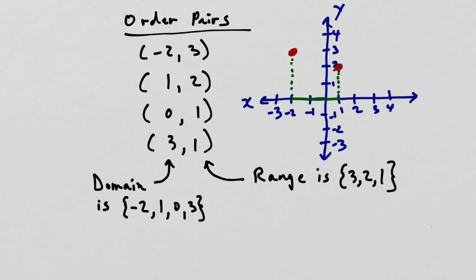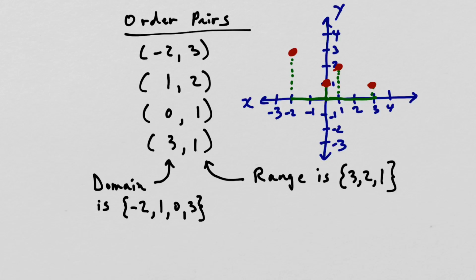So in plotting ordered pair (0, 1), we're 0 on the x-axis, and then we go up 1 on the y-axis, and we plot a point there. And then the last ordered pair, (3, 1), we move 3 places to the right on the x-axis, 1, 2, 3, and then we go up 1 on the y. And then we plot a point there.